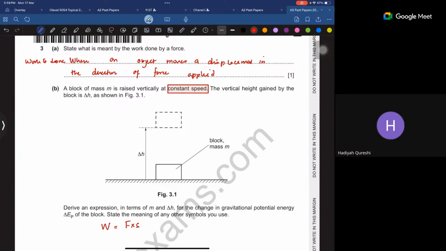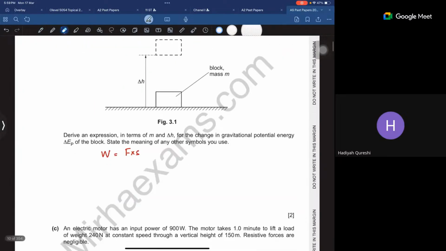So the thing is that work is this, and then basically F has to be mg because that's the weight you're working against, right? And the height S is delta H, so you can put work done as mg delta H, which is equal to the change in gravitational potential energy.